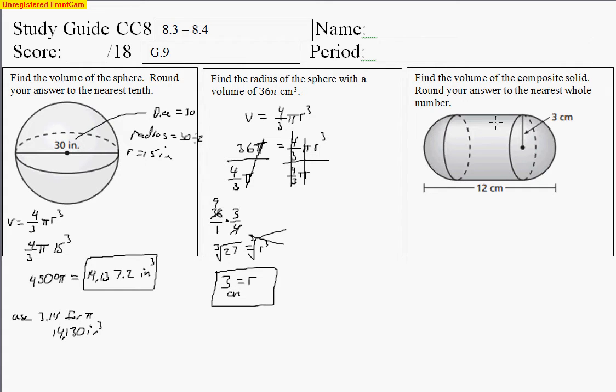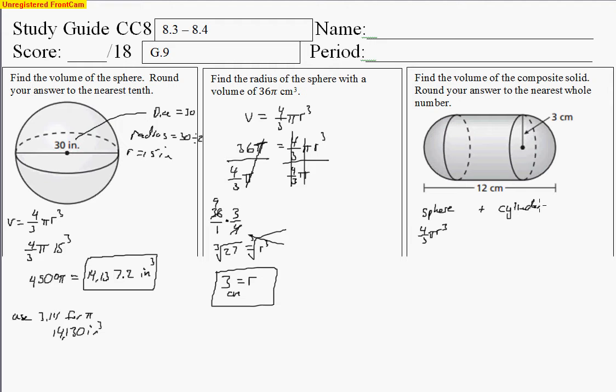Taking a look at the composite figure here, I've got a solid in which we've got a cylinder and 2 hemispheres. So the 2 hemispheres will make a total of 1 sphere. And so I'm going to find the volume of that one sphere, which is 4/3 pi r cubed. And then I'm going to add on the cylinder.